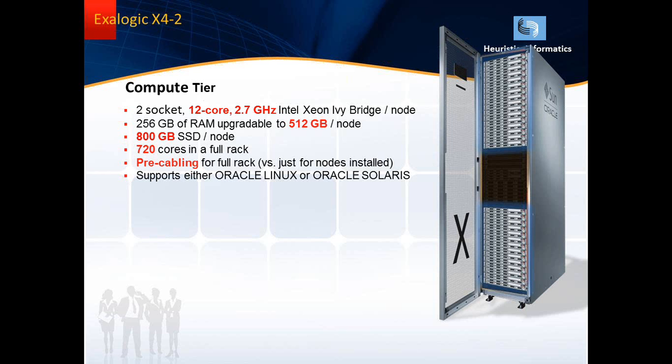Each processor has 12 cores, so 12 into 2, almost 24 cores per physical compute node. It has 256 GB of RAM, expandable up to 512 GB, and 800 GB of SSD, solid state disk, which is not equivalent to a normal disk.